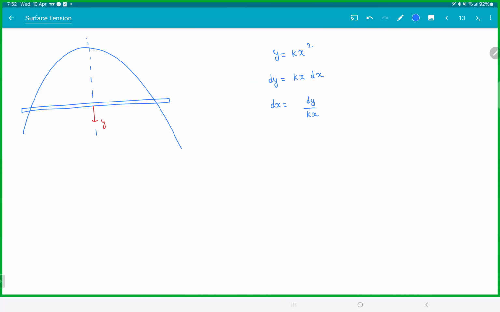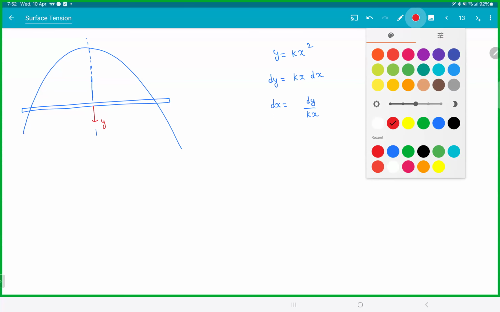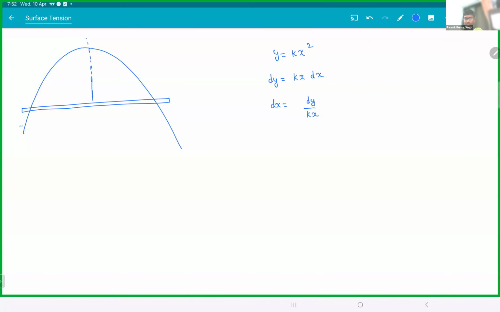This x is the initial length. So this is that increase in dx on each side. So whenever you pull the rod by dy, the length of the rod increases by 2 dx.